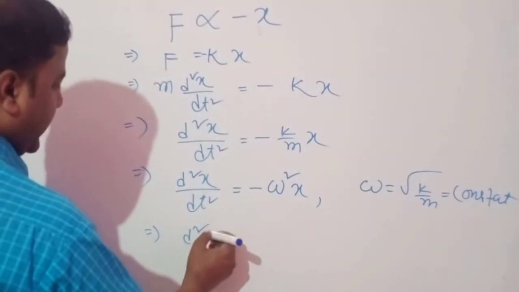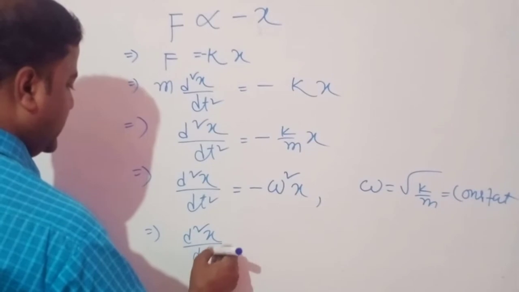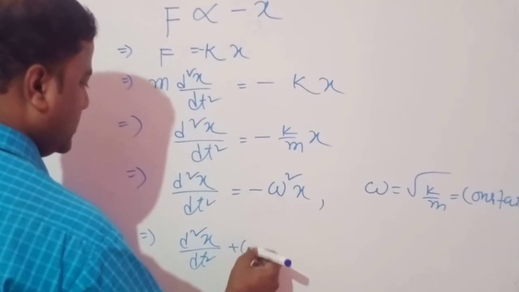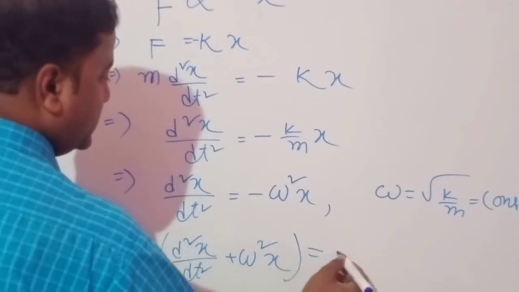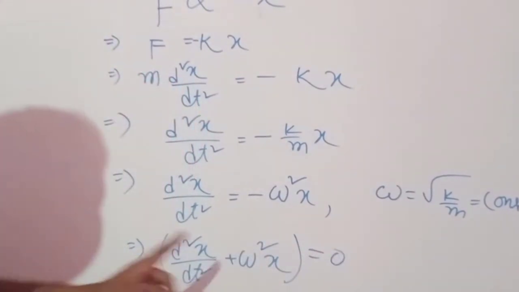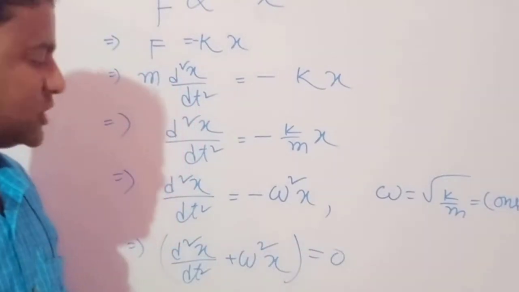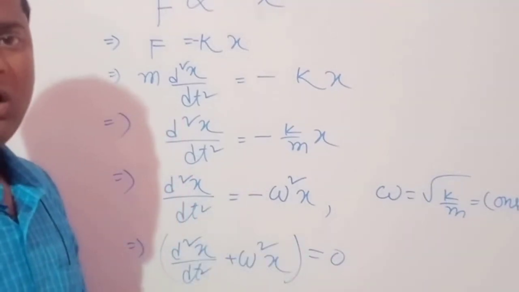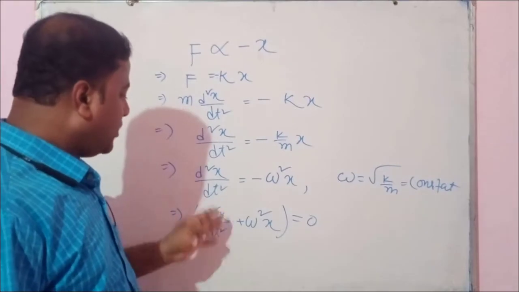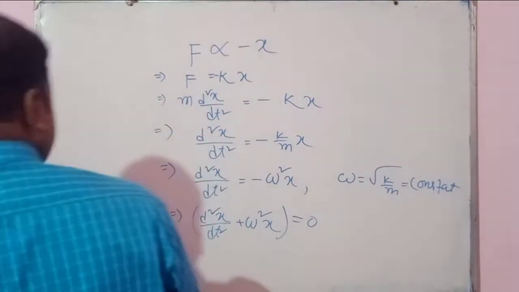Now d square x by dt square plus omega square x equal to 0. This is the differential equation of SHM, that is simple harmonic motion. Now I will show how to solve this differential equation.